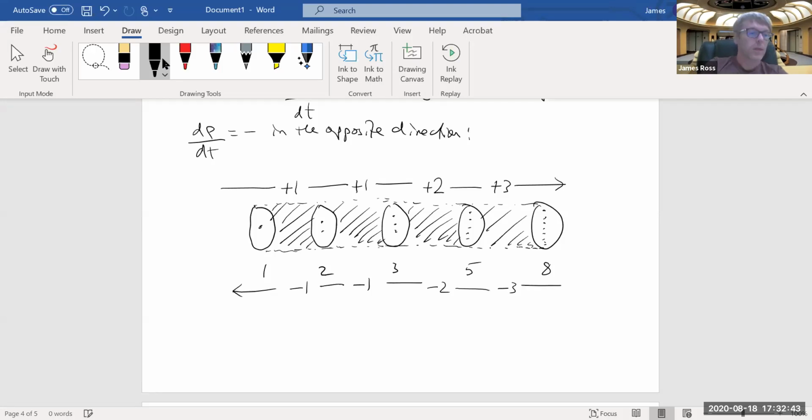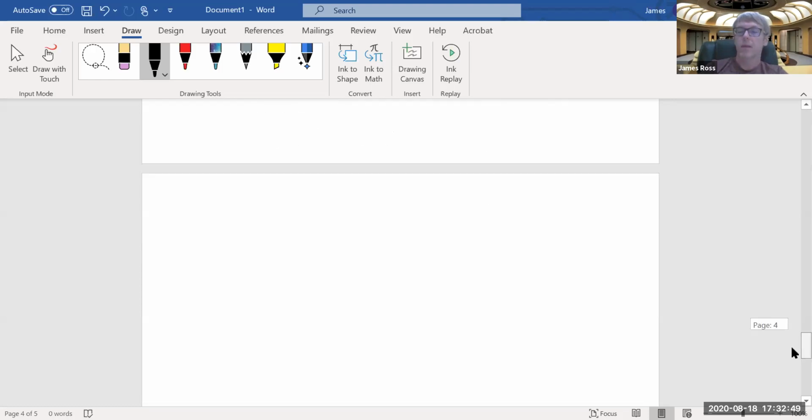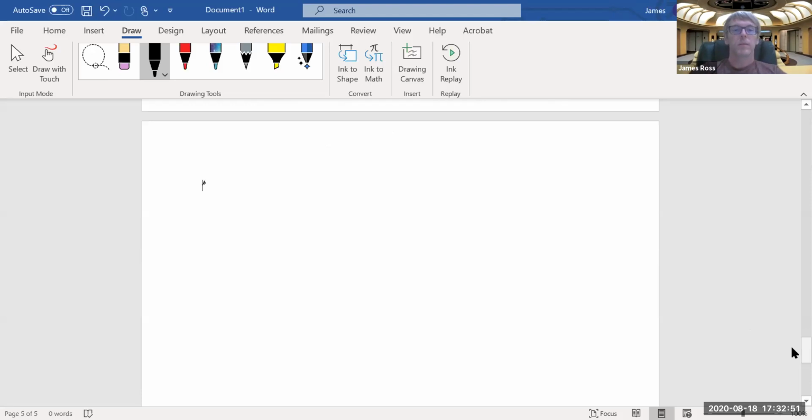Okay. So last couple of comments about this video. Reading left to right, the rate of change of density is not a constant.